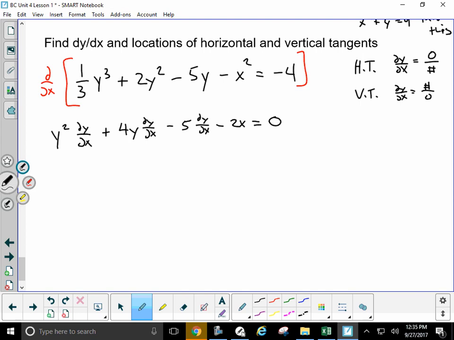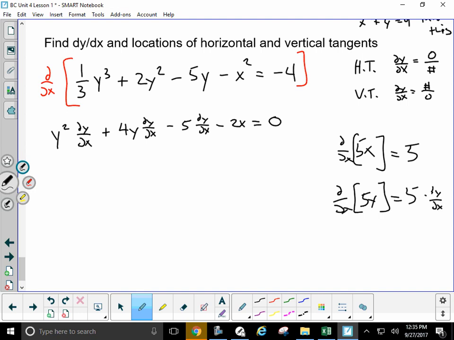Go for it. Right, so think of it as 5x. What's the derivative of 5x? 5, right? Well, the derivative of 5y would be 5 times dy/dx. No matter what. If it's a y, you're going to need a dy/dx at the end.